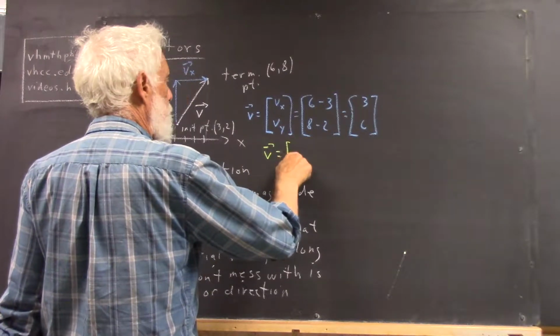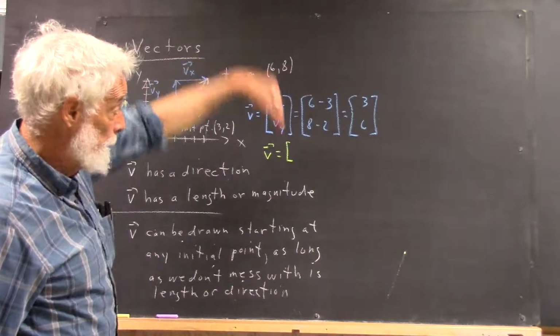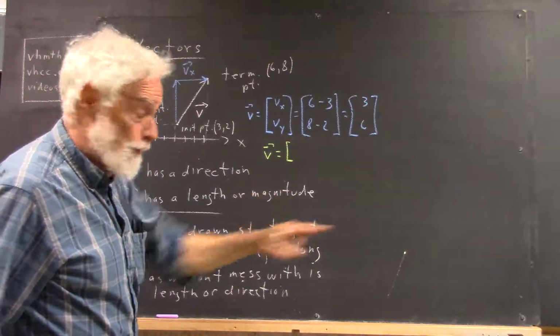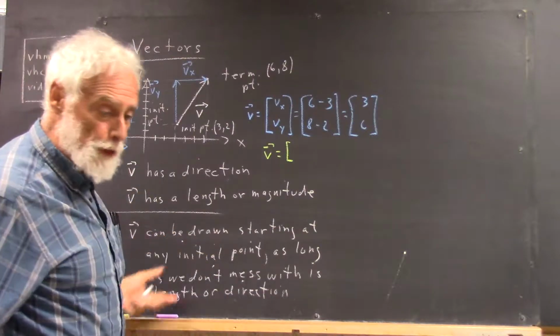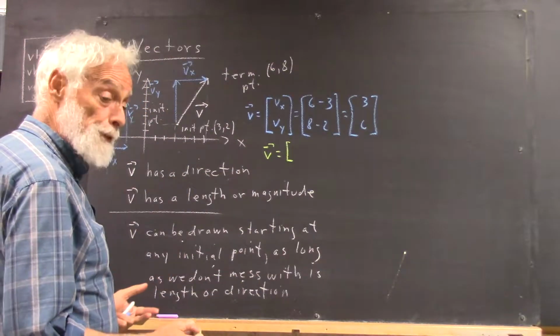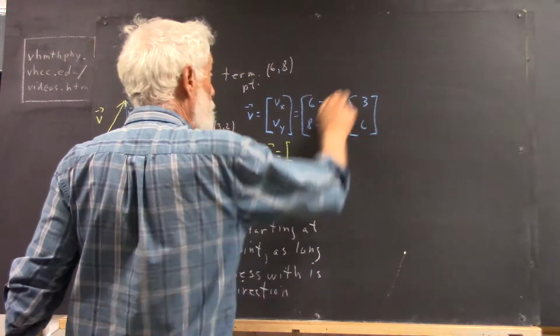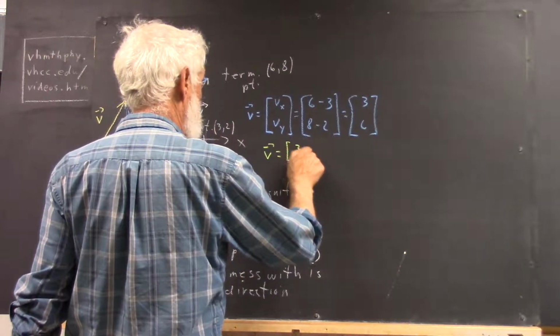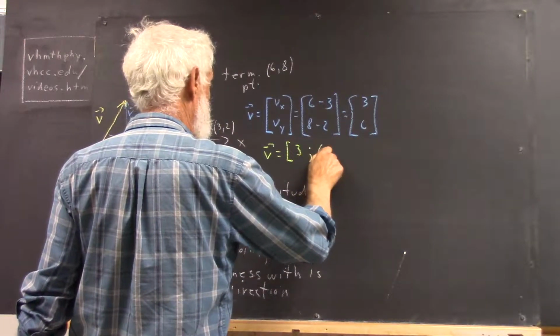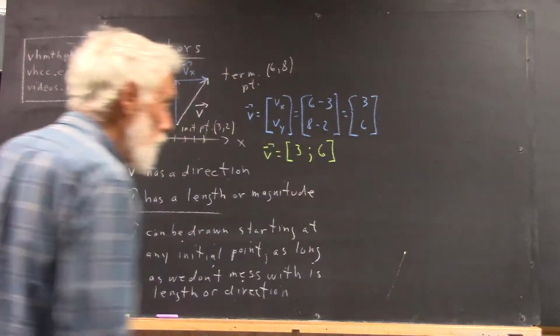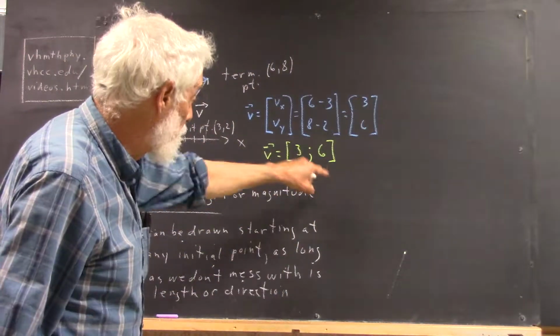Okay, when I type a vector, I can't type it into columns because typewriters don't go in columns, and it's a lot of trouble to put things in columns. So I'm going to write a column this way. A semicolon means that this is a column.